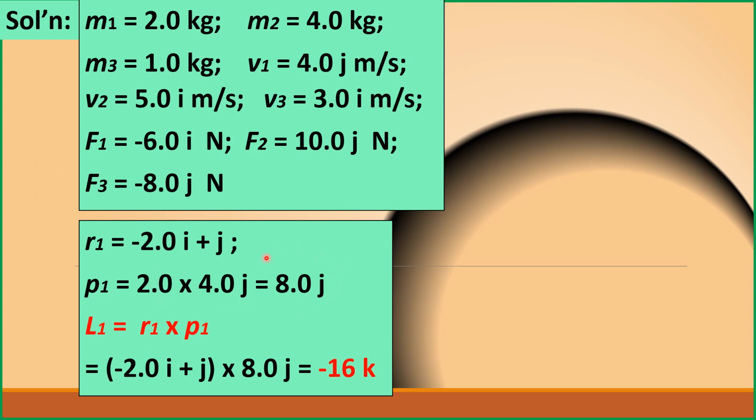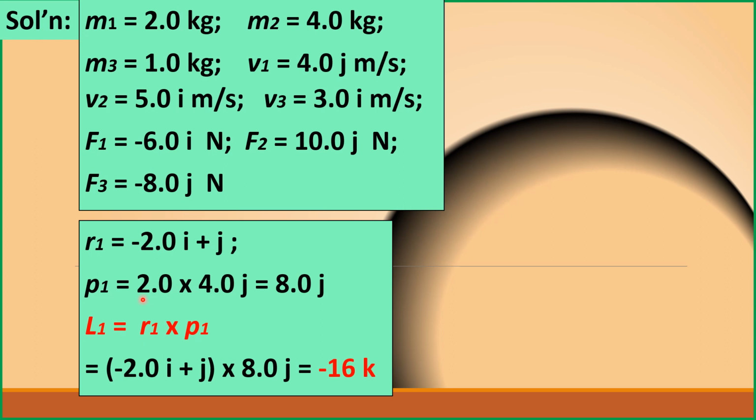The linear momentum p sub 1 on particle number 1 is expressed as the product of the mass of particle 1 and the instantaneous velocity of particle 1.